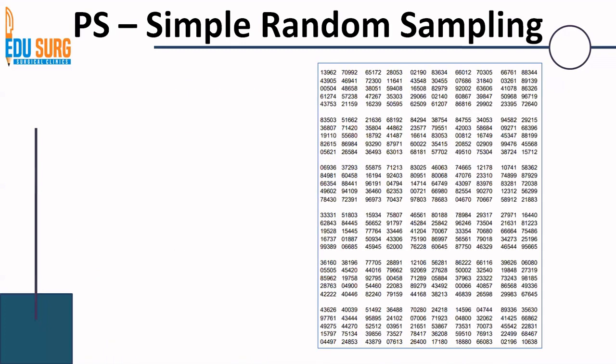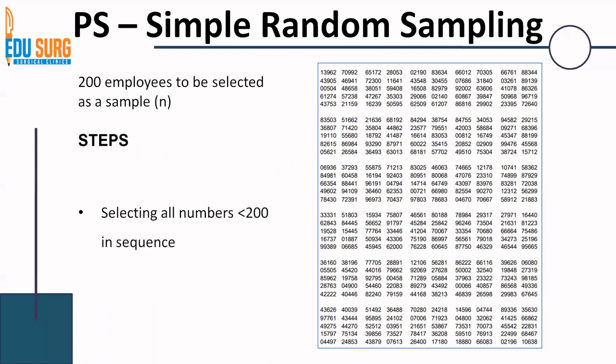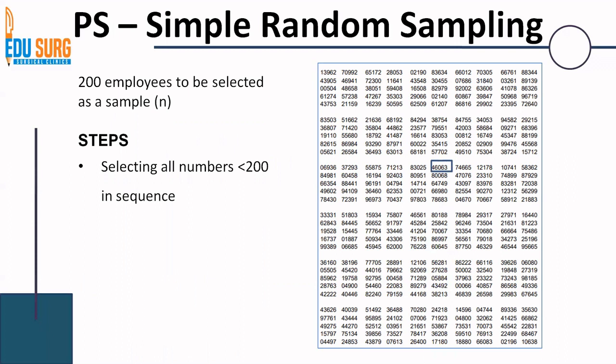So this is an example of the table of random numbers. This table is available online as well as in a lot of statistics books. What you can do is select a random number by pointing to a number with closed eyes, or any other method that you want to use. Suppose I have selected this 46063. Now I can go in sequence vertically downwards or horizontally, or I can go in both directions.